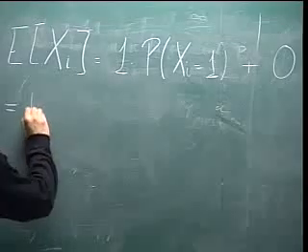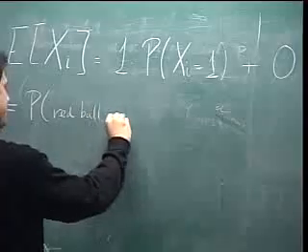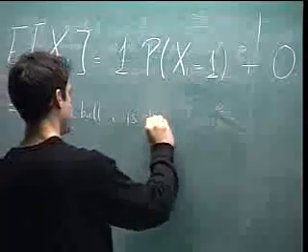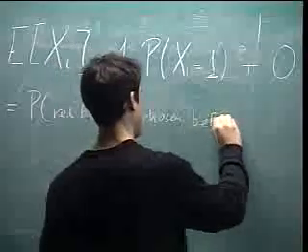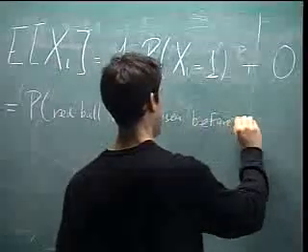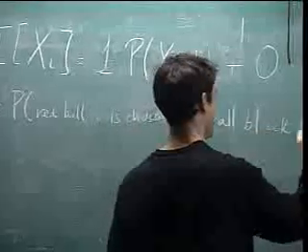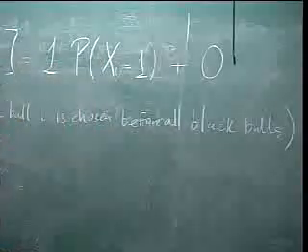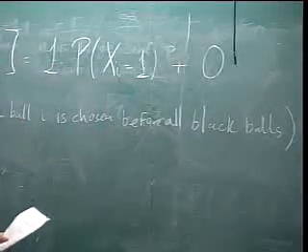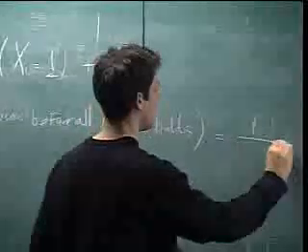So this is equal to the probability that red ball i is chosen before all black balls. Well, this probability is just equal to 1 over m plus 1.